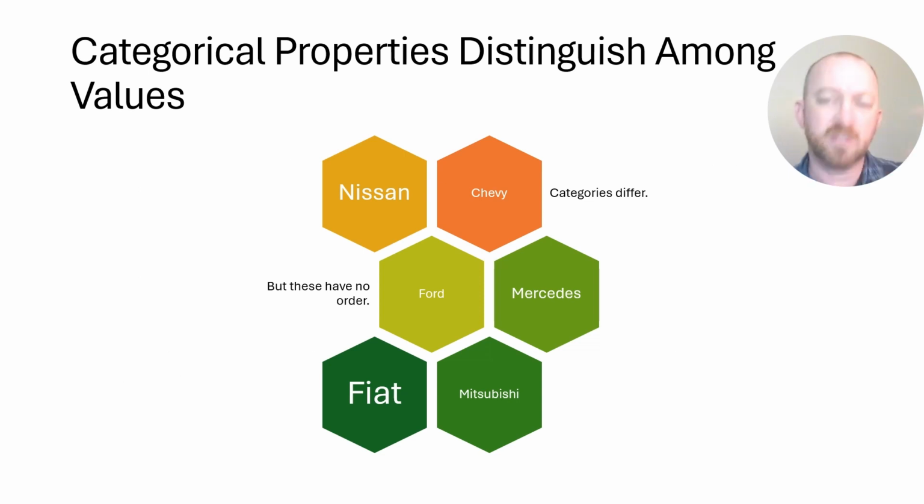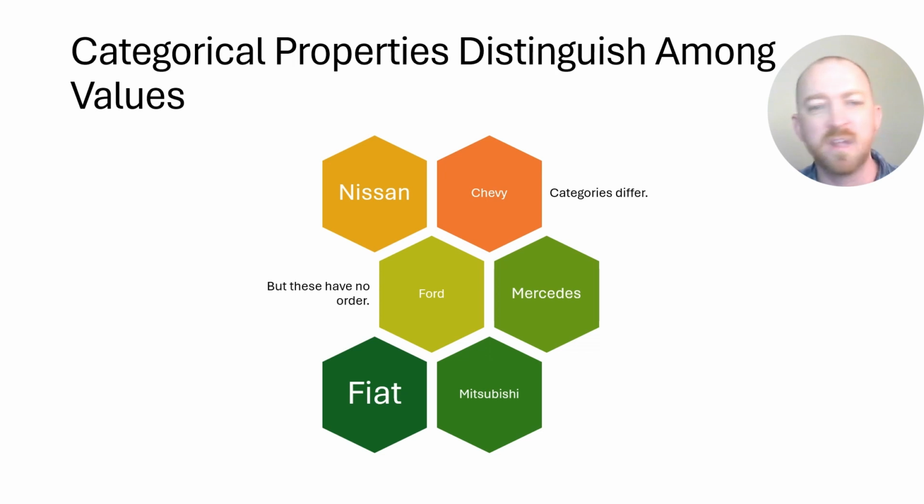If you can visualize the different values that a variable can take on and see, do they overlap? Is there any reason that, for example, Nissan shouldn't go here and Ford should go here or anything like that? If there really is no clear reason that we should put them in any particular order, or if not everybody would agree on that, then that's a really good indicator that this is categorical data.